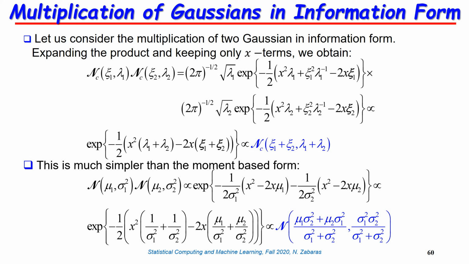So this is a much simplified formulation. When you have products of Gaussians, remember this formula. It may turn out that it's much simpler to do the calculation in canonical parameters rather than using the moment parametrization.